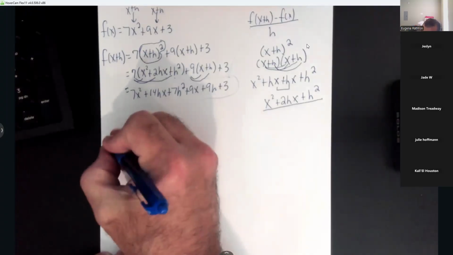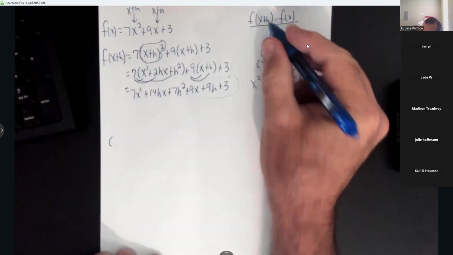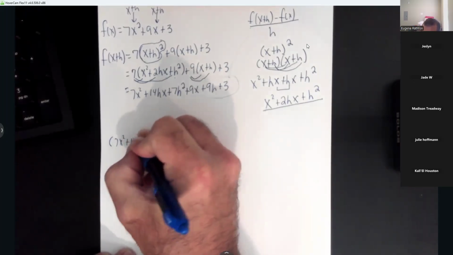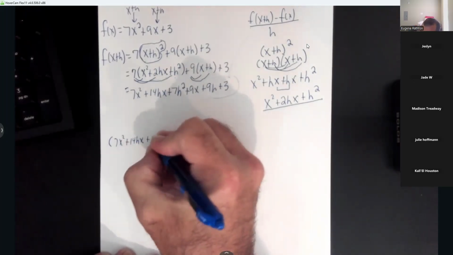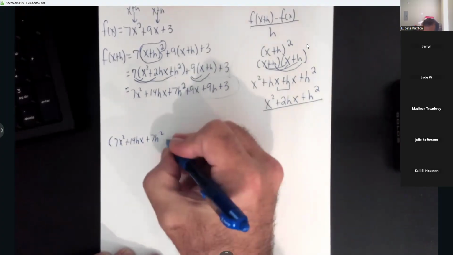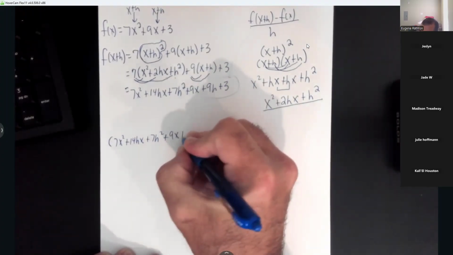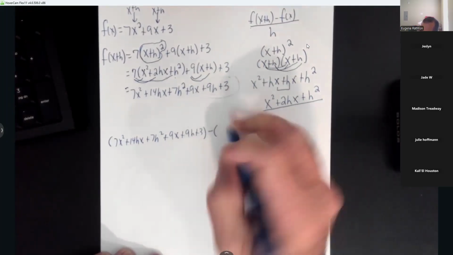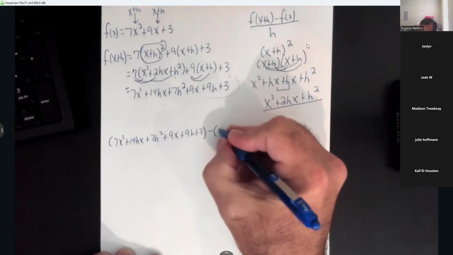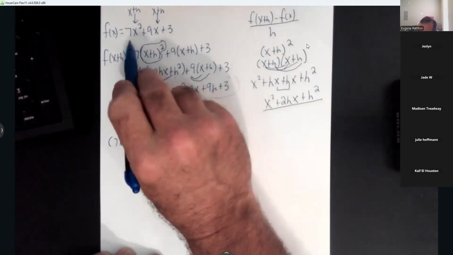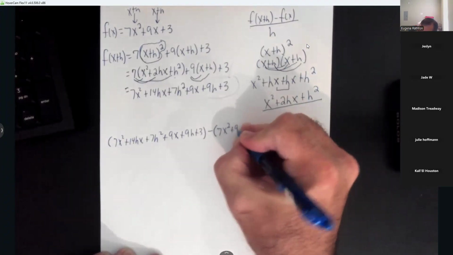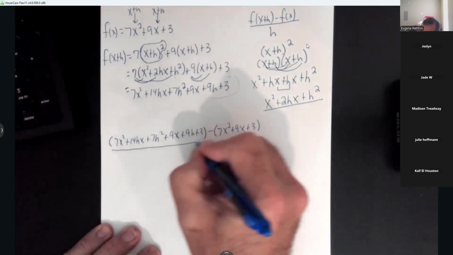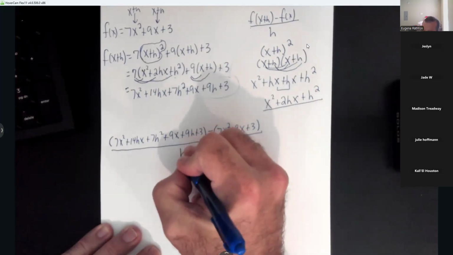So here we go. f of x plus h, 7x squared plus 14hx plus 7h squared plus 9x plus 9h plus 3, minus f of x, which is 7x squared plus 9x plus 3, all over h.